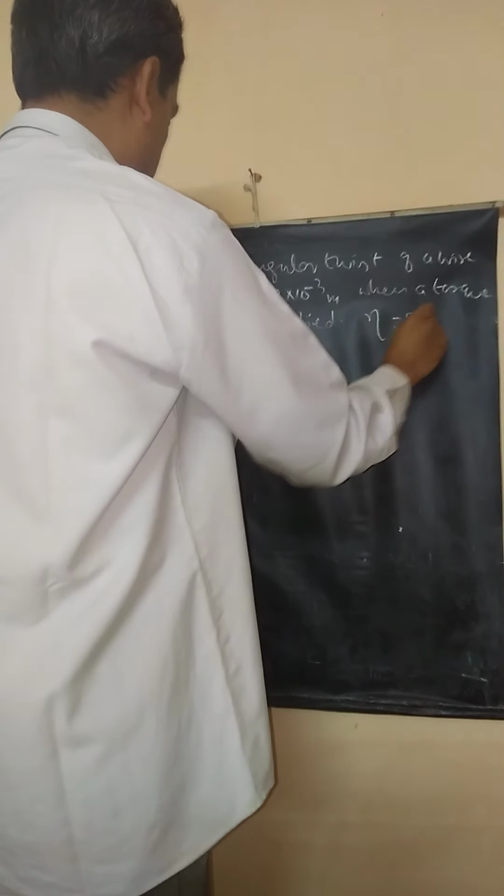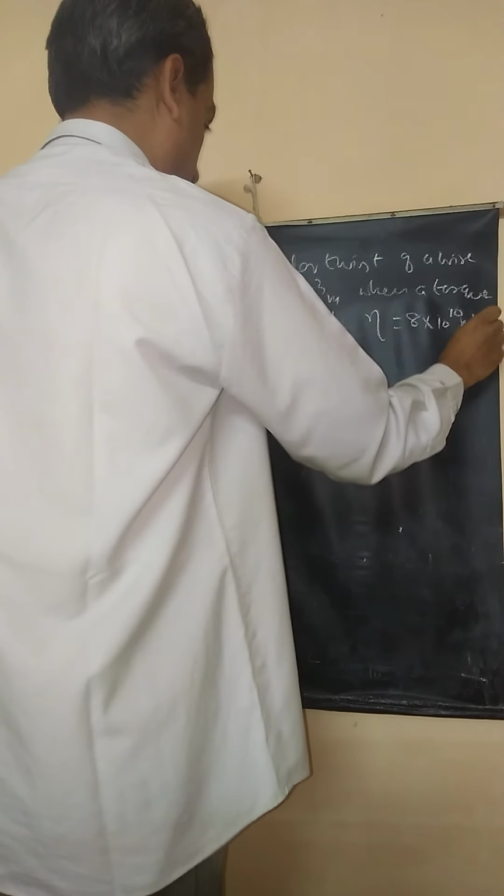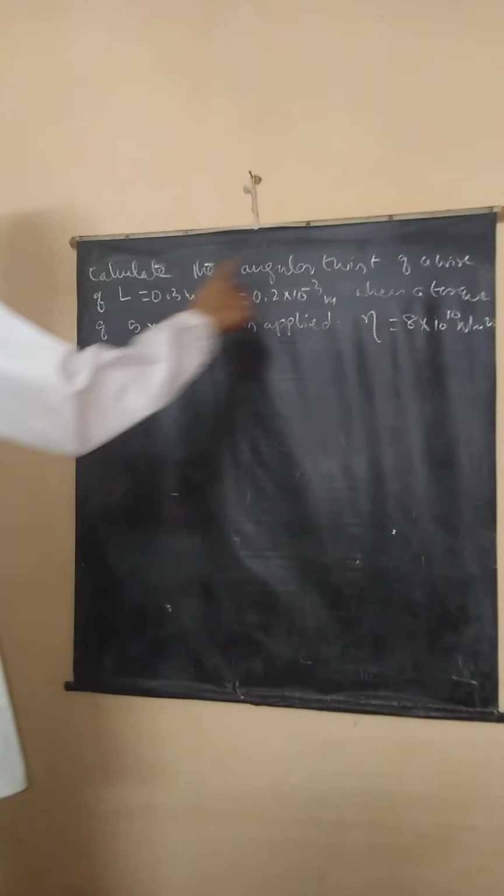Given eta, the rigidity modulus, is given. Find the angular twist.